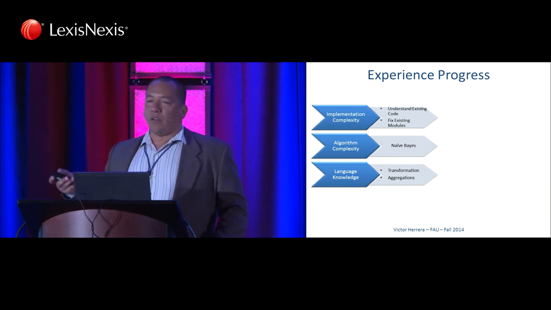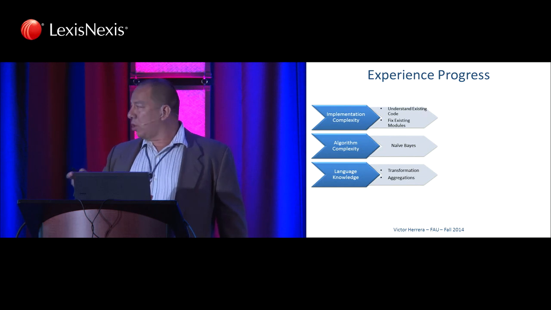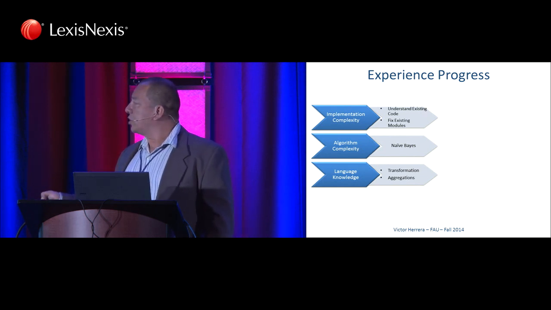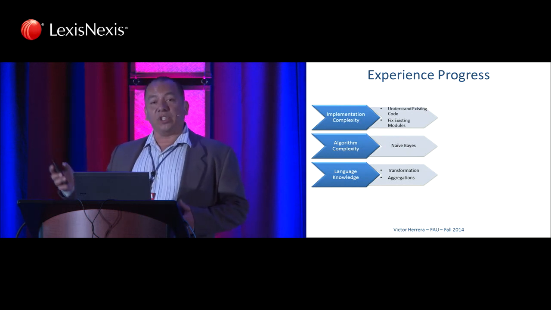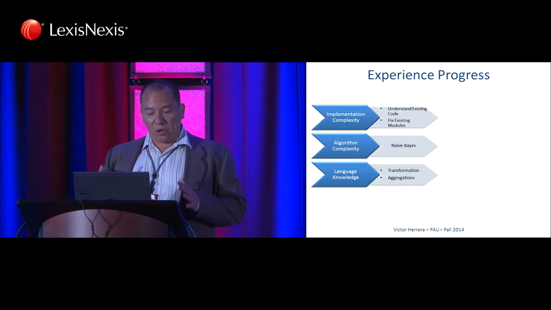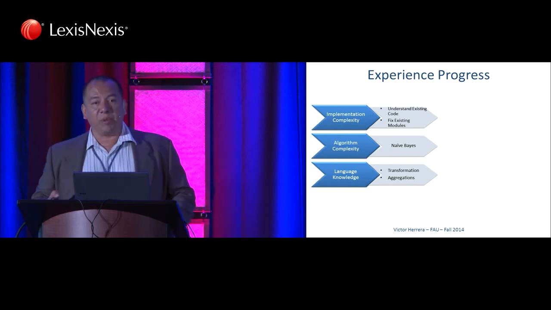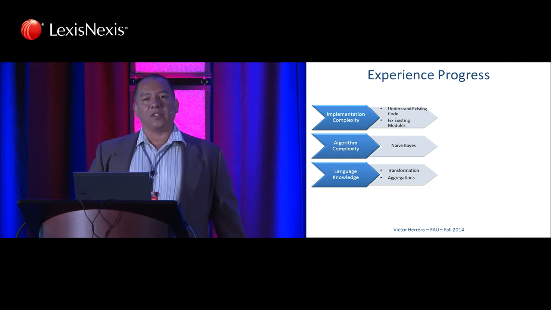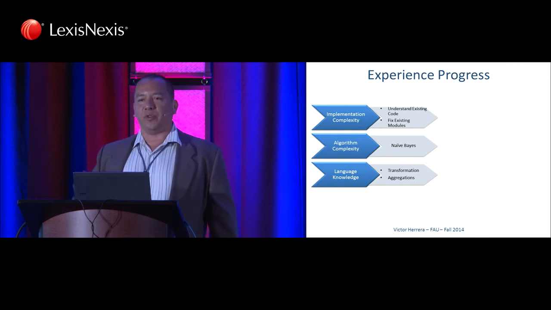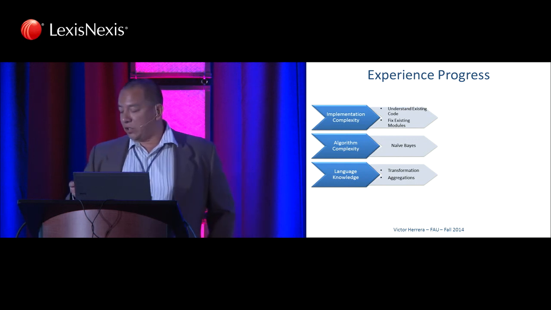At this point, I had only knowledge of basic transformations and aggregations. Even with this little knowledge, I was able to submit my first contribution. I fixed a naive Bayes bug, and I improved the performance metrics of the classification itself.